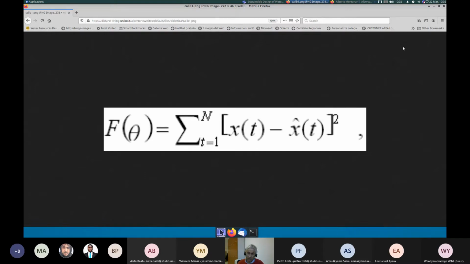Here, the observations are called x as a function of time, t. So if you look at the square parenthesis, it's the left addendum, x(t). The model simulations are indicated with the symbol x-hat at t. So the hat indicates the value simulated by the model.